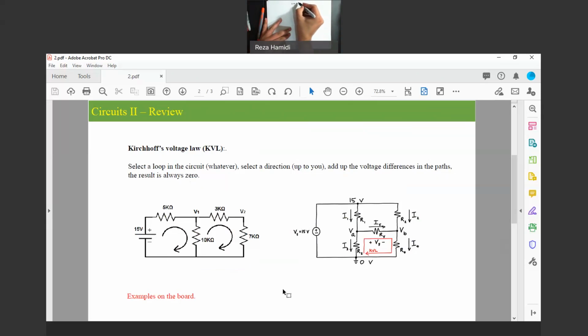Sum of all the voltage differences, the voltage drops along a loop is always zero.